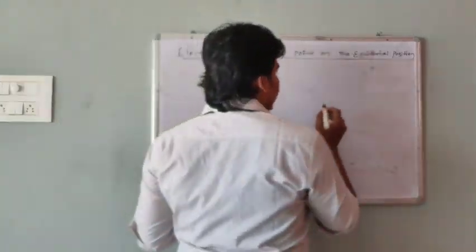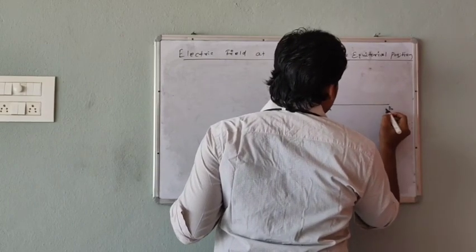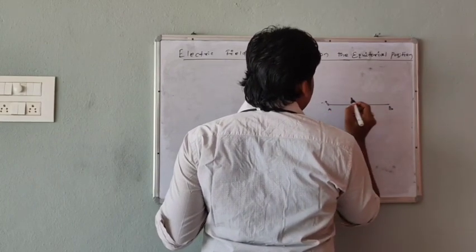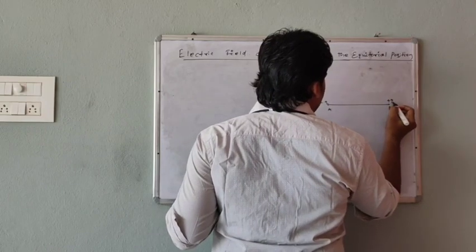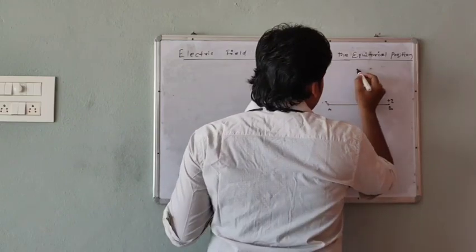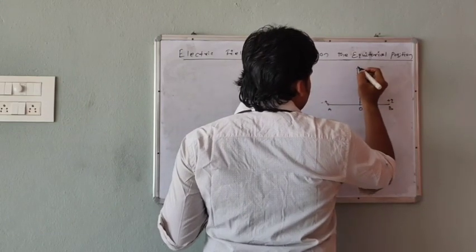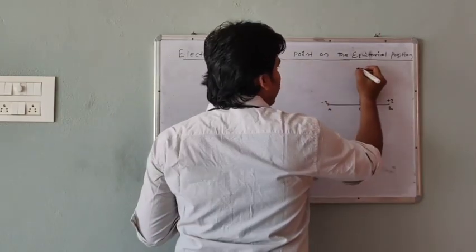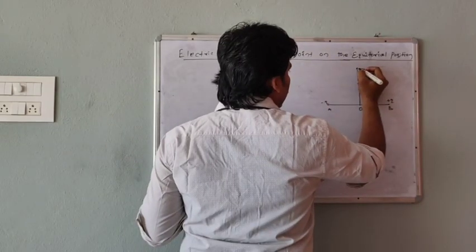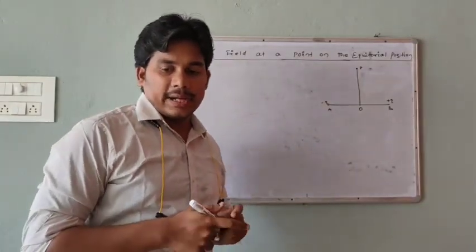Let's say these are the two charges A and B. These constitute the electric dipole. This is the center of the electric dipole, and you may say this is the point P. I am erasing this heading.